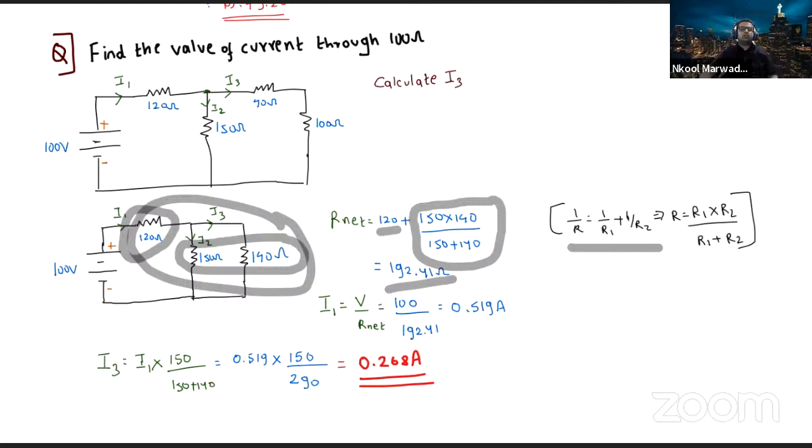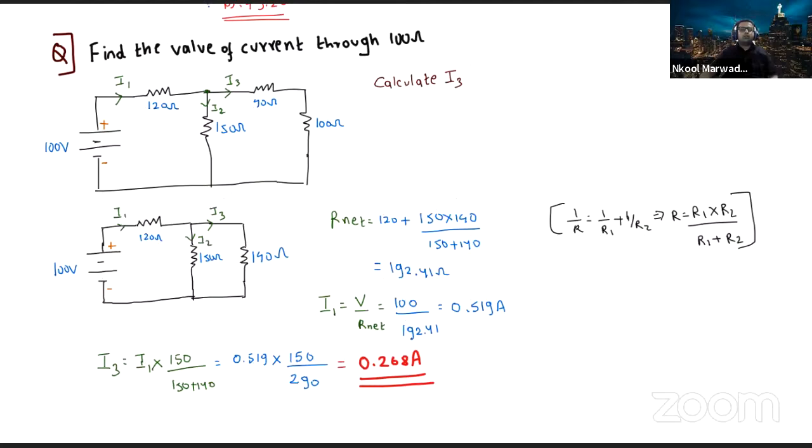Ohm's law. So the total current drawn will be given by the net resistance and voltage. V is equal to IR, I will be V by R. So V is 100 by R, giving 0.519 ampere. Now this is the current division rule. The current division rule says that total incoming current, like I3 you want to find, I3 will be total incoming current into the resistance across the other terminal, 150, upon total resistance 150 plus 140.